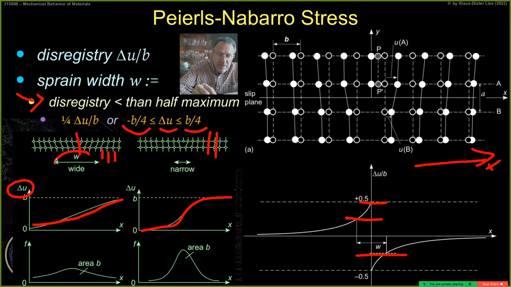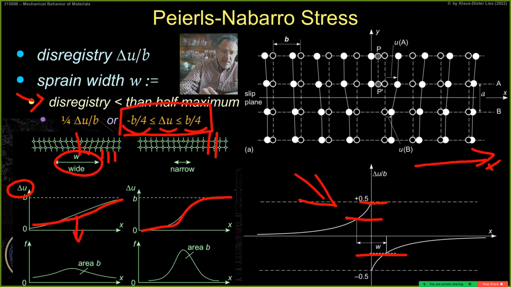So W is the width of the dislocation where the disregistry is within this interval minus b fourth to plus b fourth. Of course, the delta u can be minus b half to plus b half, as shown there. And half of that is minus b fourth to plus b fourth. So it's something like the full width half maximum.